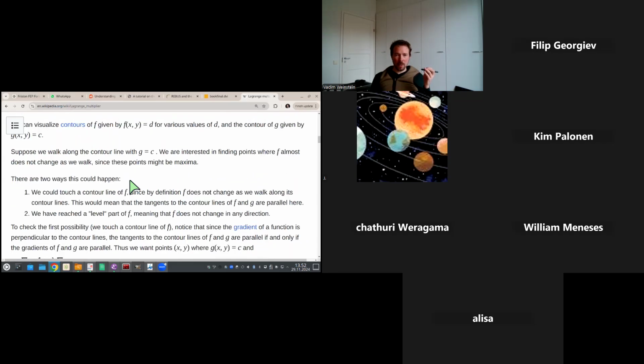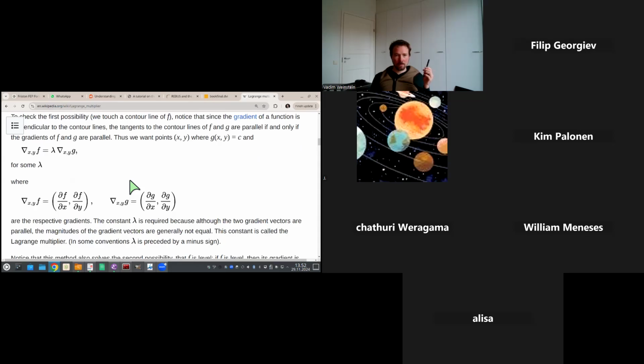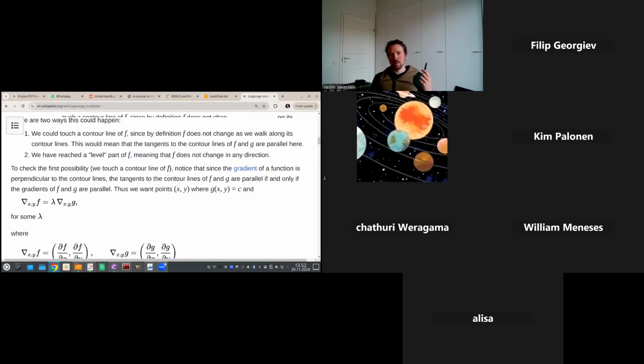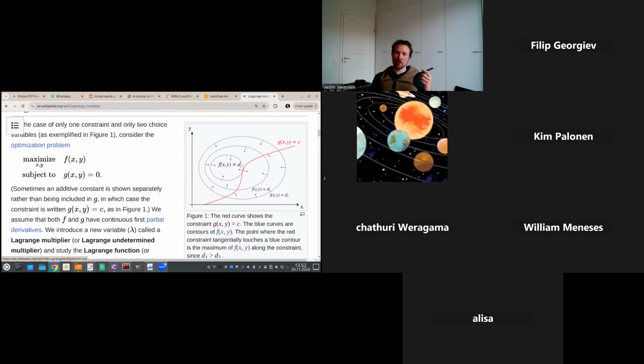Or the other way to see it is to take the gradient of the original function g from which your curve came. The gradient is going to be pointing exactly perpendicular to the curve, because the curve is a constant curve, so it goes in the direction of zero change.